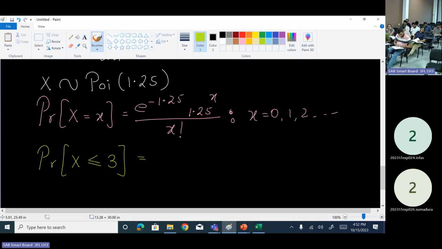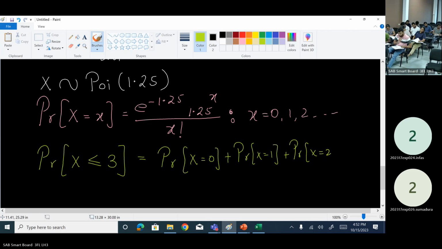So what are the possibilities? X can be 0, x can be 1, x can be 2, or x can be 3. So each one we have to evaluate and then give the answer. Right.